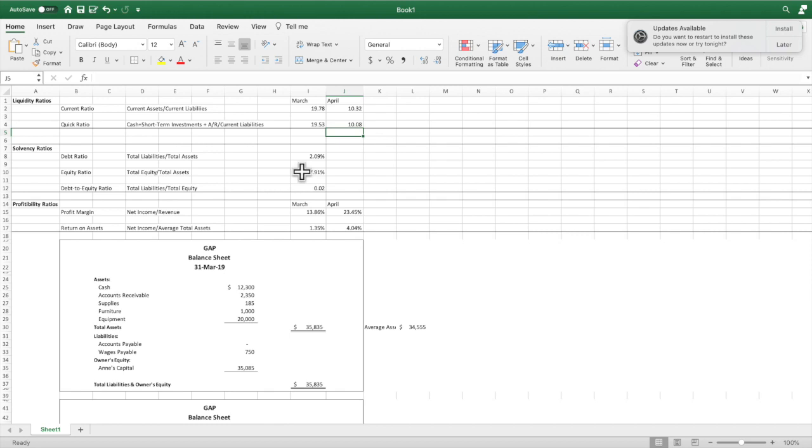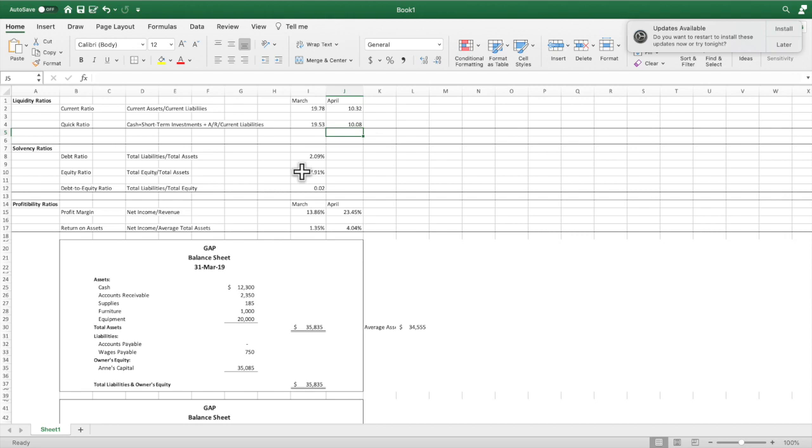Solvency ratios measure the extent to which each of these methods is utilized and the balance between them. So high solvency ratios or super low solvency ratios are not a good thing. So we're going to look at our solvency ratios. We have three different ones we're going to discuss.